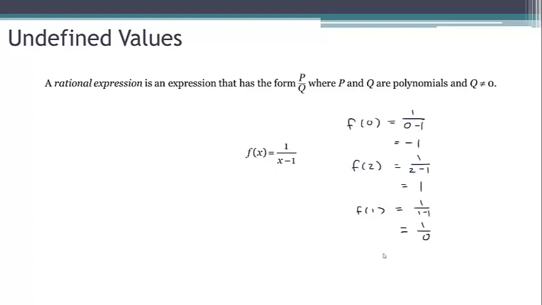We are not allowed to divide by 0 with these rational expressions any more than we could with regular numeric fractions. So, this is what that Q not equal to 0 part is talking about. This rational expression, 1 over x minus 1, doesn't exist when x equals 1 because if we substitute 1 for x, the denominator becomes 0.